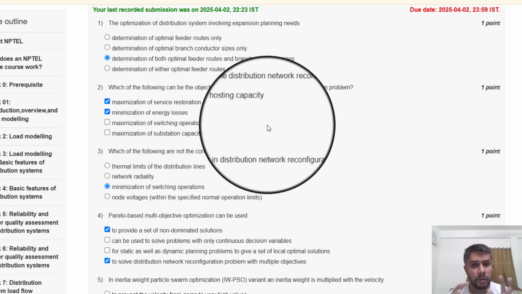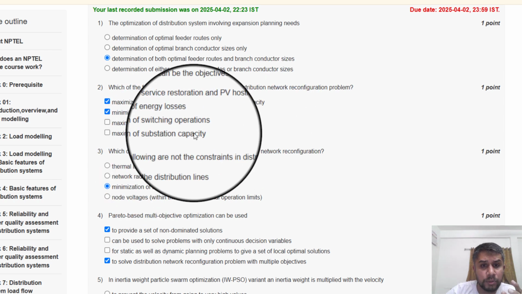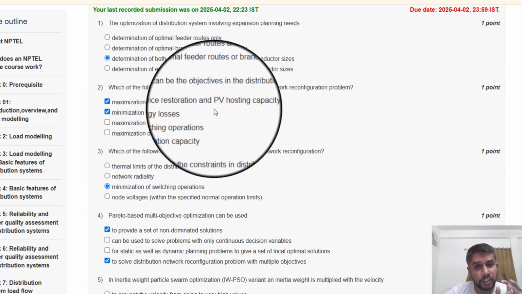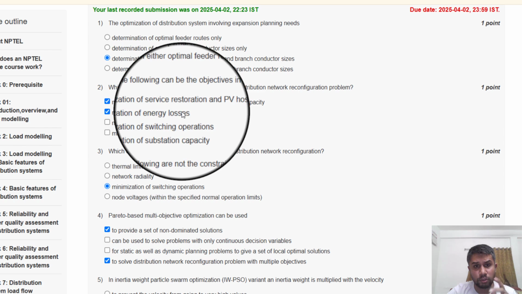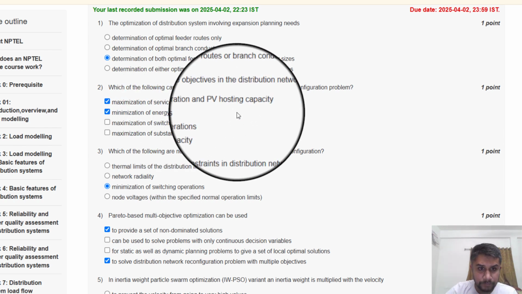Switching operation cannot be maximized, because we require the minimum amount of switching operations during the operation of the whole day. Maximization of substation capacity: substation capacity is fixed once it is installed. So the first two options are correct, according to me.